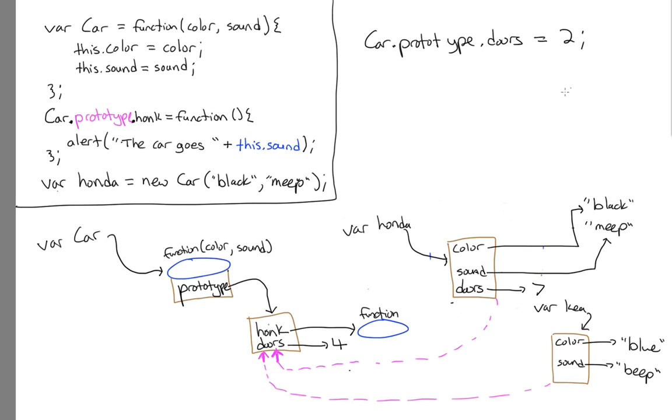In this case, that will update this 4, and now it's going to point to 2. So every time we do Honda.doors or Kia.doors, both of these are now 2, even though we did not directly change Honda or Kia.